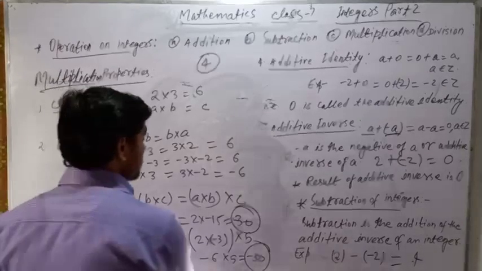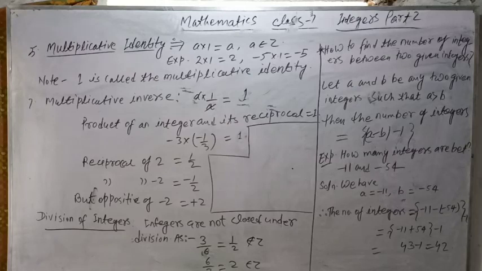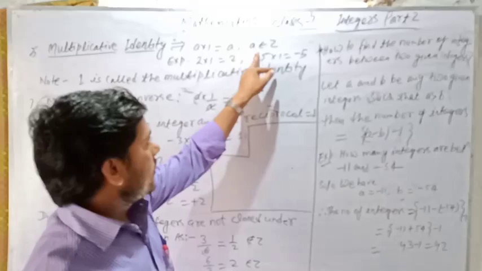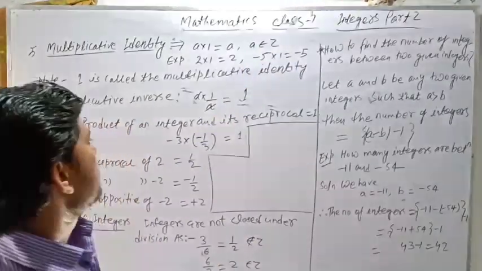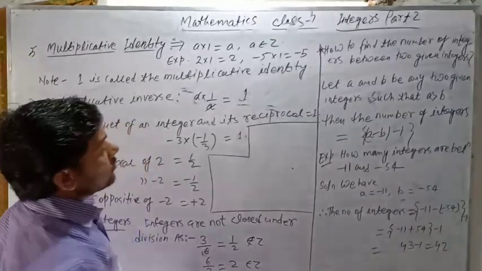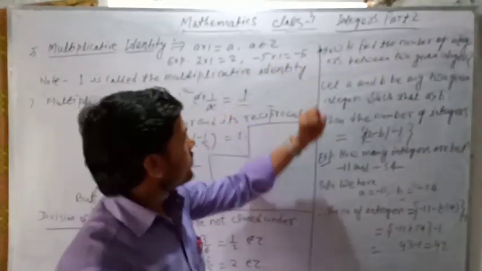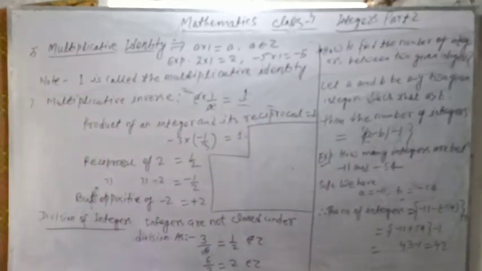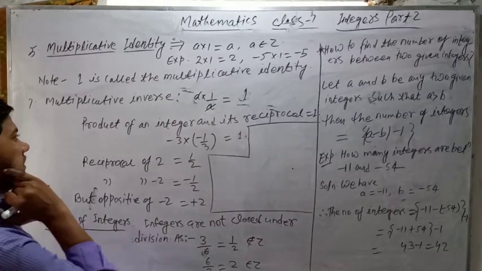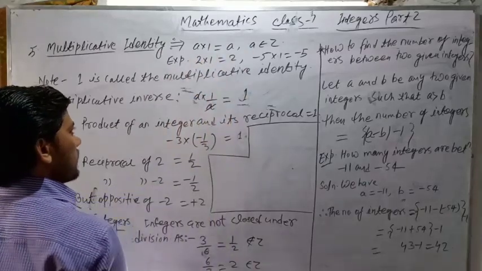Now multiplicative identity. A cross 1 is equal to A, where A belongs to Z. For example, 2 cross 1 is equal to 2, minus 5 cross 1 is equal to minus 5. It means the product of an integer and 1 is that same integer itself.